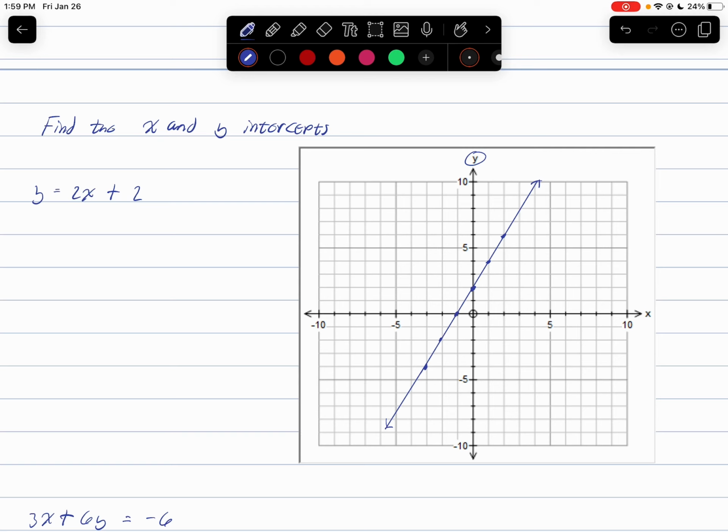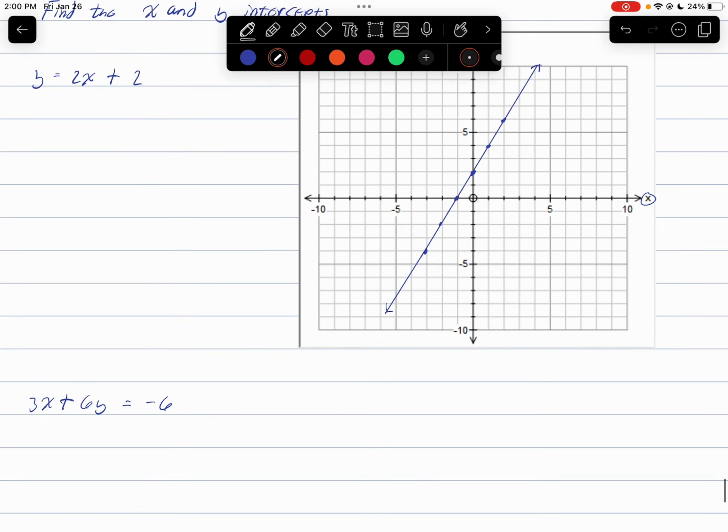It's where the line crosses the x-axis. If you want to find the x or y intercept, you will just set the opposite value equal to 0.